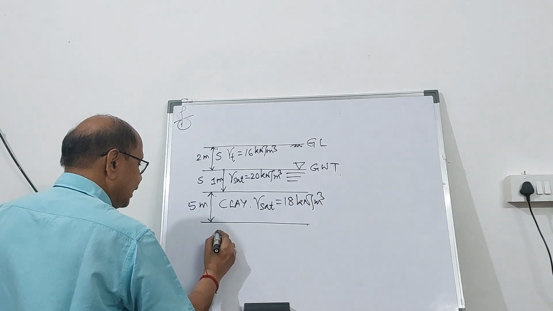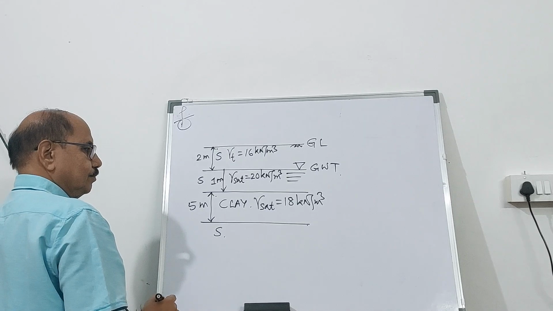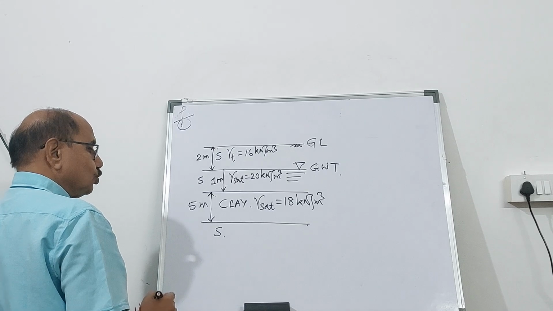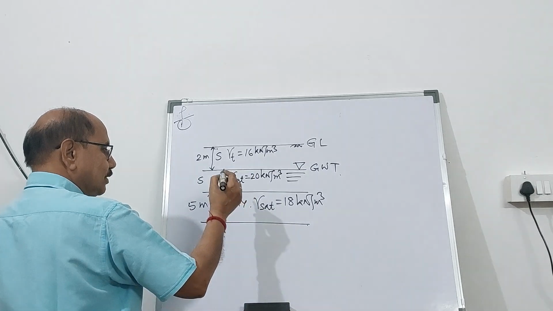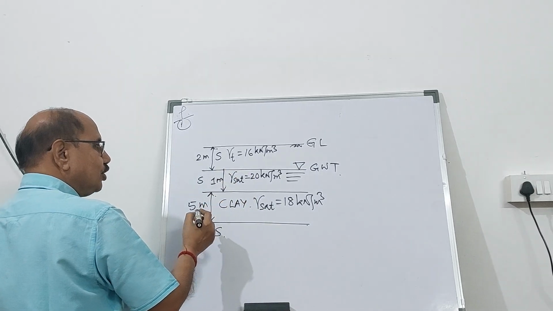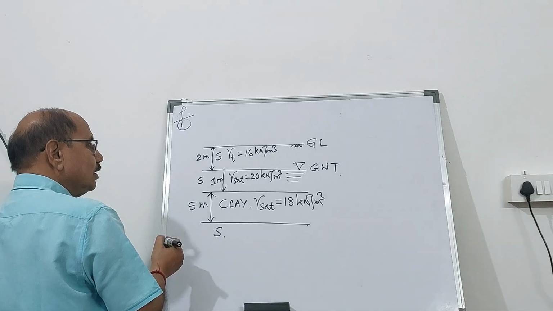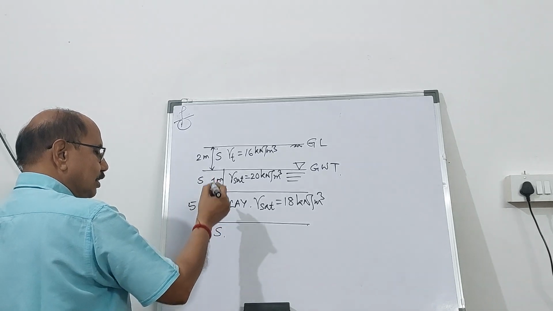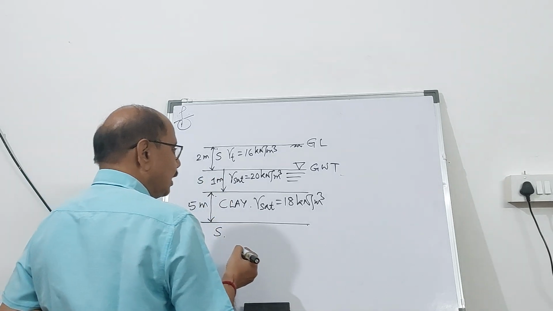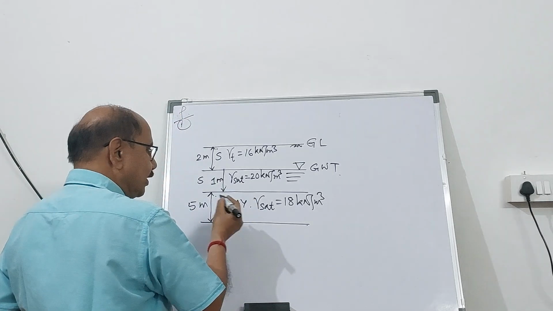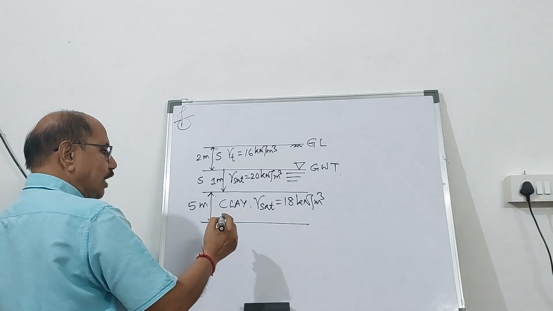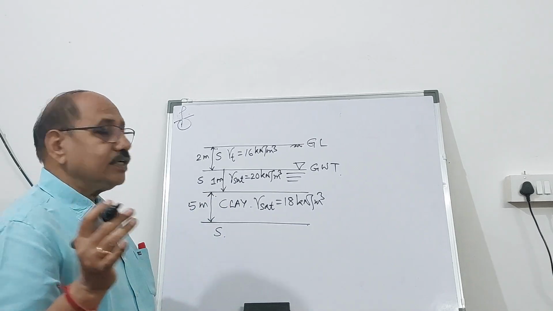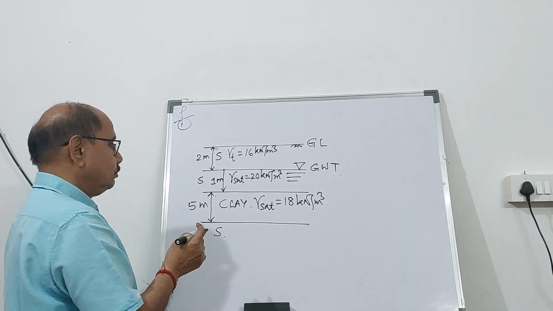And then there is a sand layer. At any depth you want, you can calculate the effective pressure, the total pressure, and the pore water pressure. If you want to calculate it, the best way is to calculate in a tabular form.